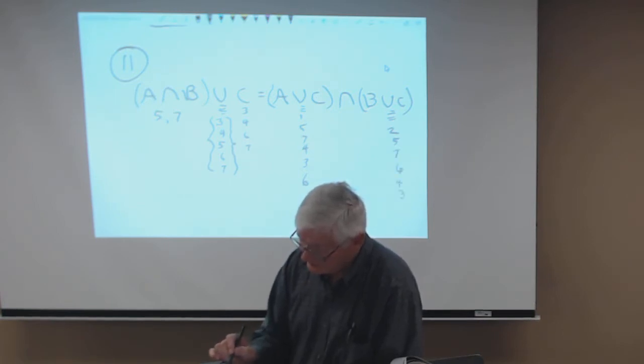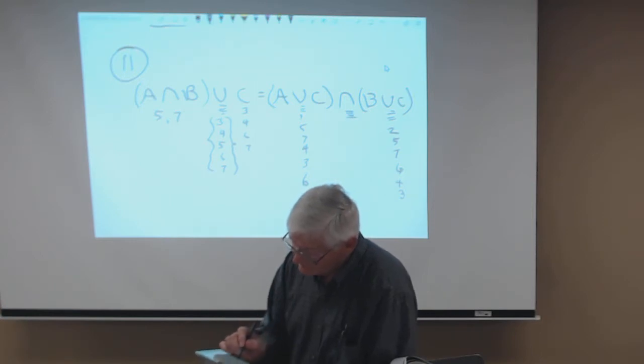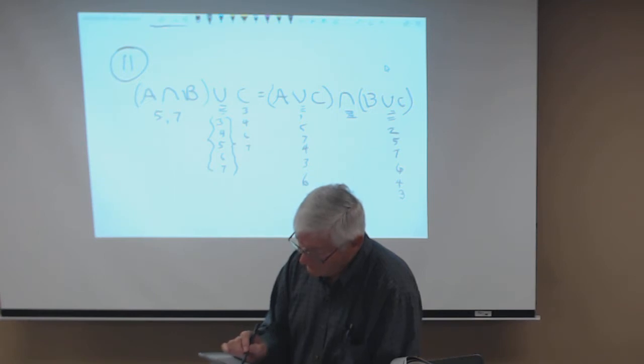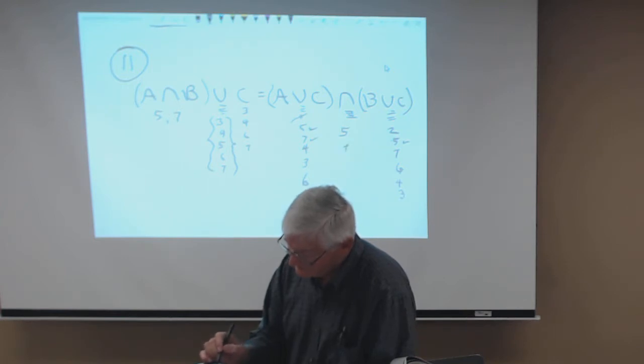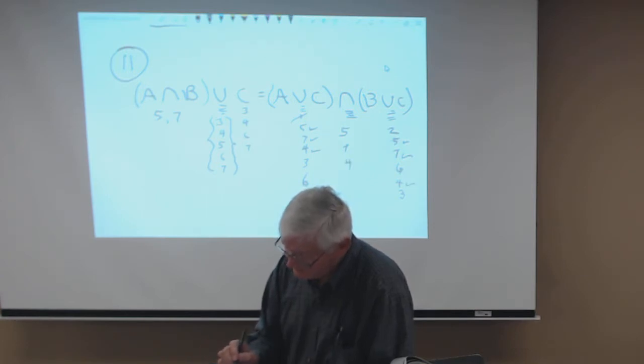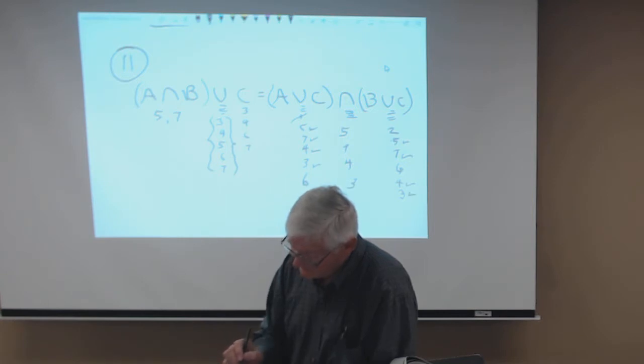What's the intersection of those two sets? Not 1, but 5 is in there. Check them off. 7's in there. 4 is in there. 3 is in there. 6 is in there.